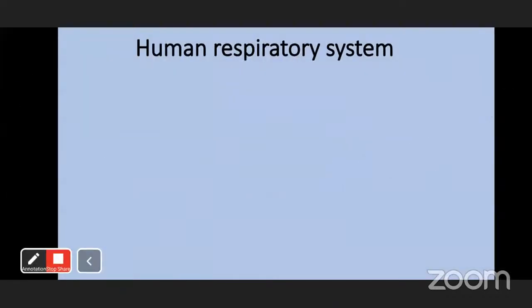That is, in the evolution of respiration, how the lungs have evolved from the simple diffusion process. So these were the respiratory organs in different organisms. Now in today's class, we are going to discuss the human respiratory system.